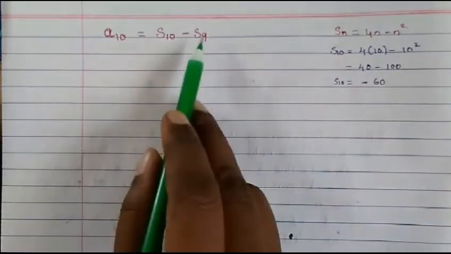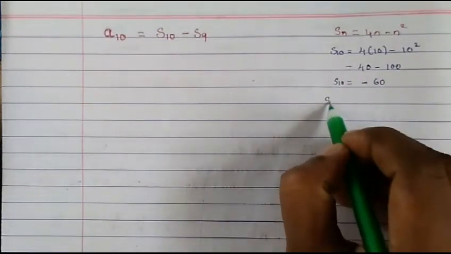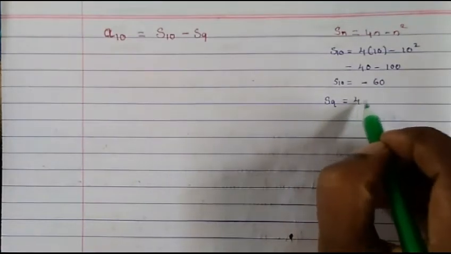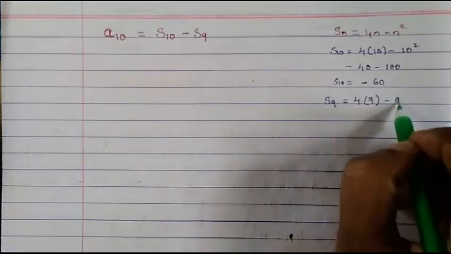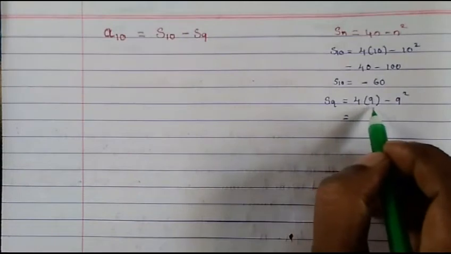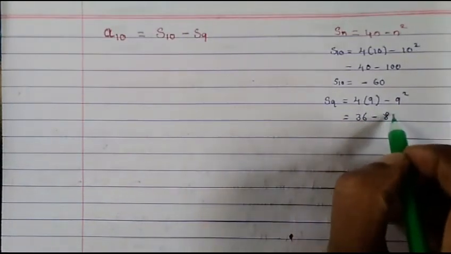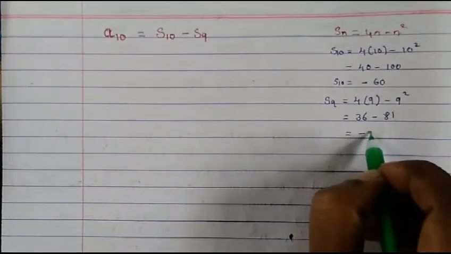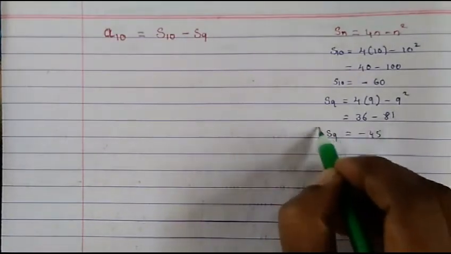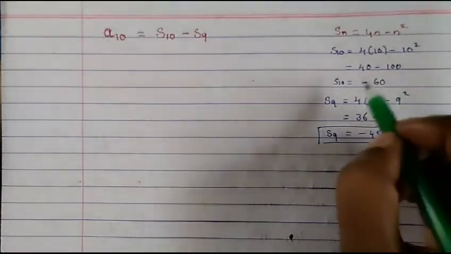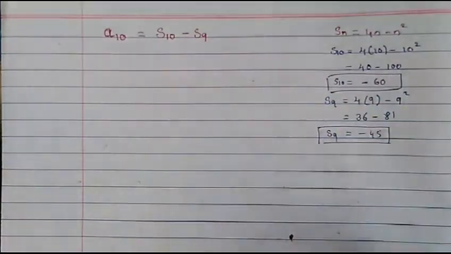In the same way S9 you have to find out. S9 will be 4 times 9 minus 9 square. So 4 nines are 36, 9 square is 81, which gives us minus 45, that is S9. So we found S9 and S10.